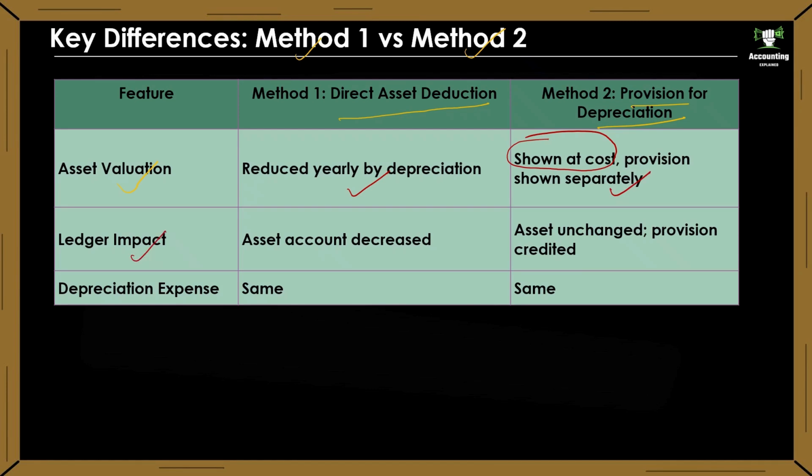In method 1, the asset account will be reduced every year with the depreciation amount. Here, in the provision for depreciation method, the asset account remains unchanged. It will remain the same, whereas the provision for depreciation account will be credited with the depreciation amount. Okay, depreciation expense. Here, we are seeing only the straight line method of depreciation. So, the depreciation amount is going to be uniform or the same for method 1 and method 2.